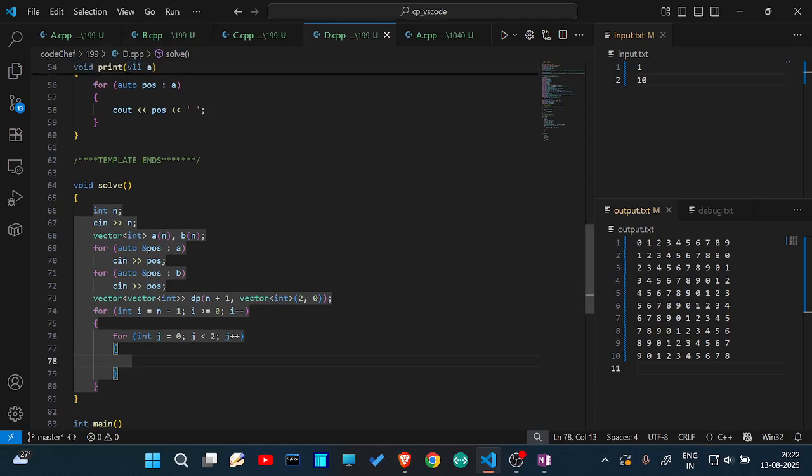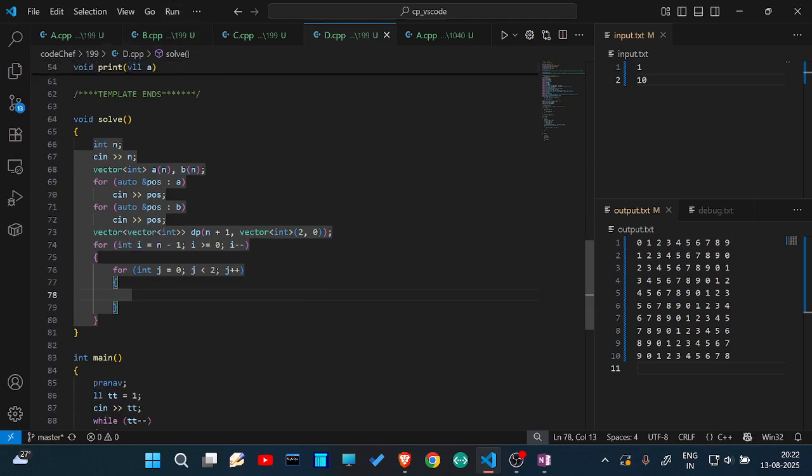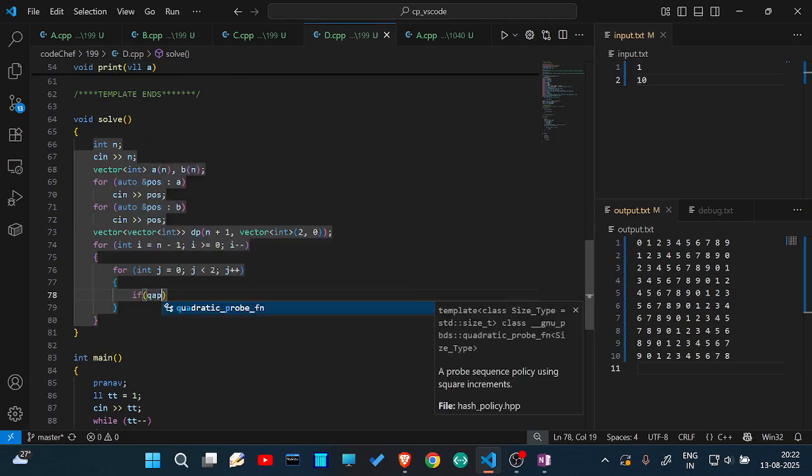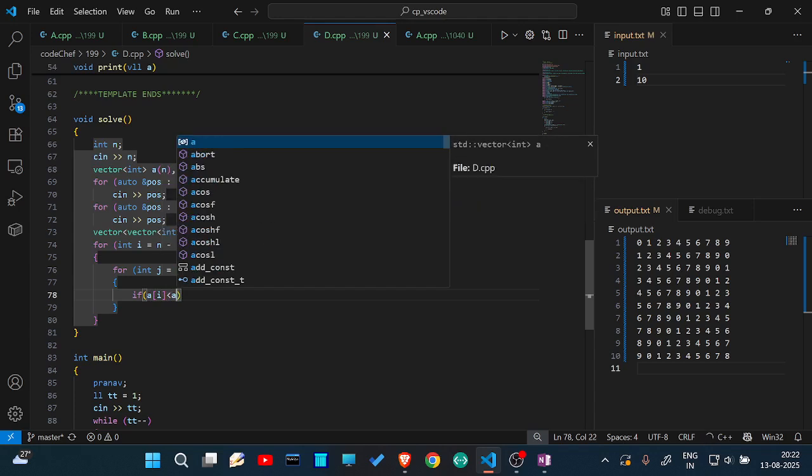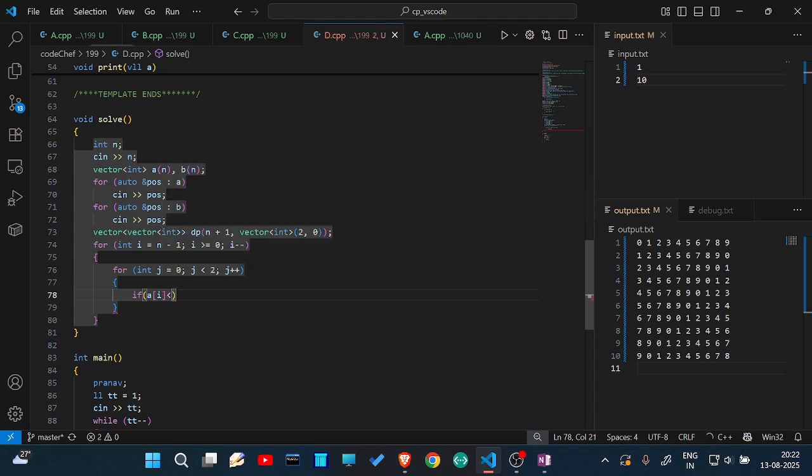And this was the previous state. Okay, so we can take instead of matrix.